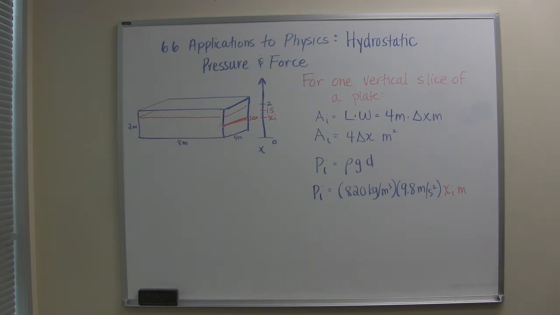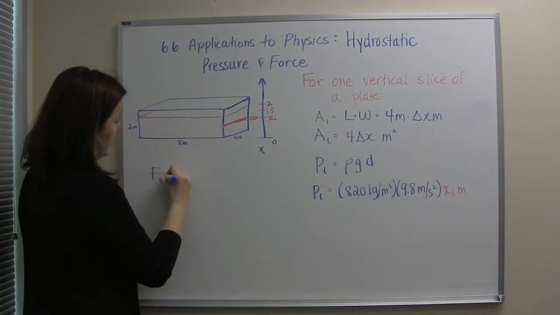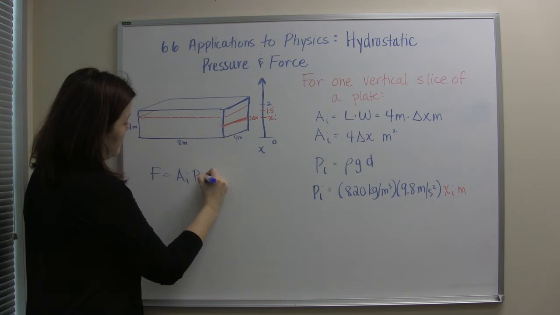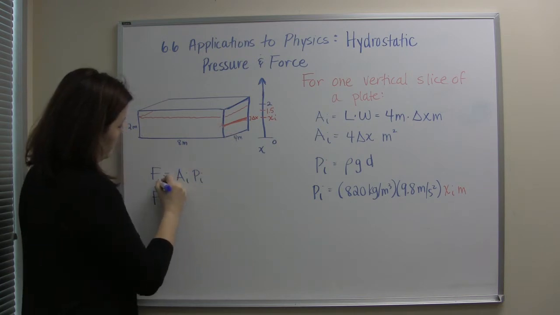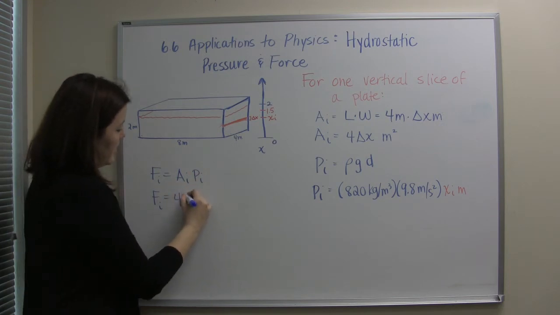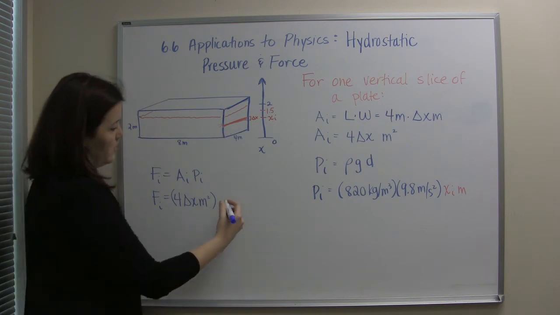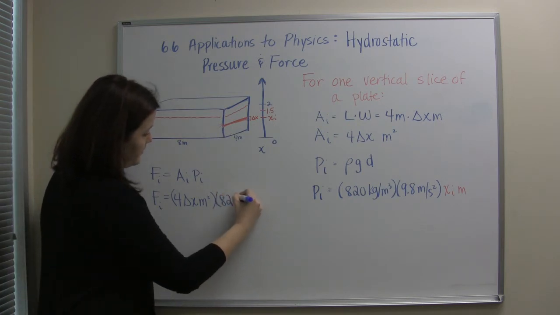So let's put those two pieces together to get the hydrostatic force just on that one little plate, and then you can imagine that we can build it up. So if I quickly do force, I just need the area times the pressure for each individual slice. We just said the area was 4 delta x meters squared. And we just said the pressure was all of this business over here.